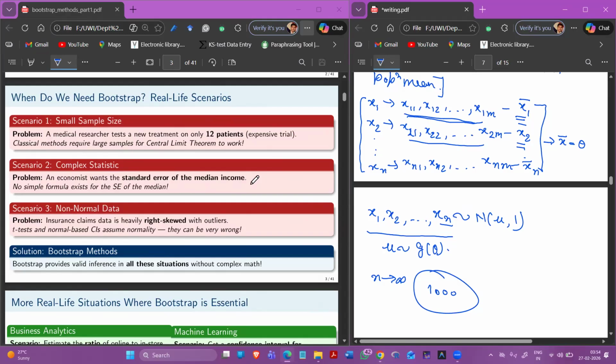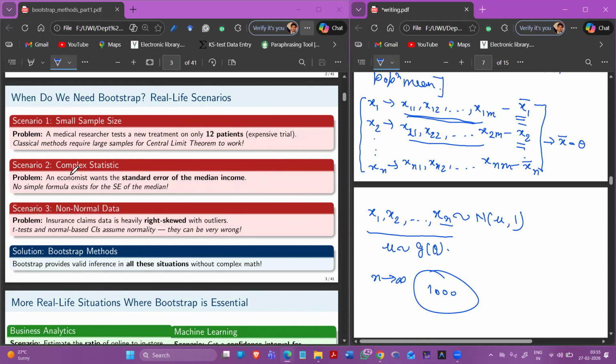In the central limit theorem, what we say is, as n tends to infinity, the estimator follows the normal distribution. But for that, we need a large sample. Here, we have only 12 patients, right? How will you repeat those 12 patients? You have only one sample of 12 patients. You cannot take different samples here. Correct? Yes or no?